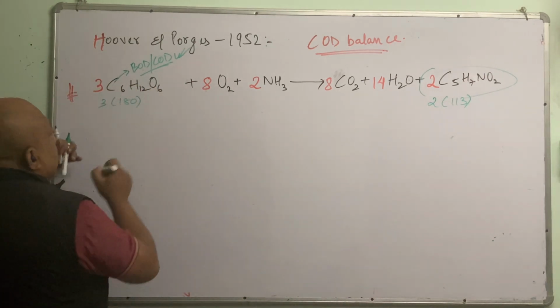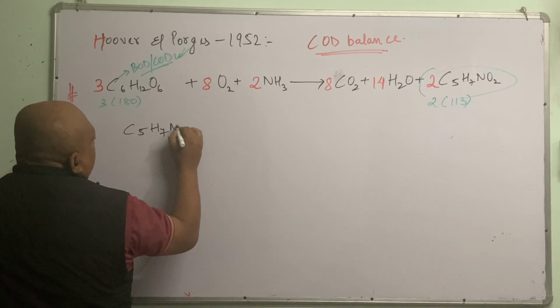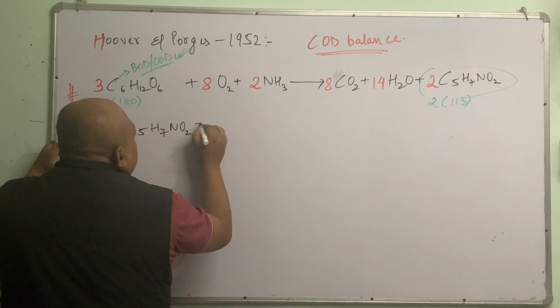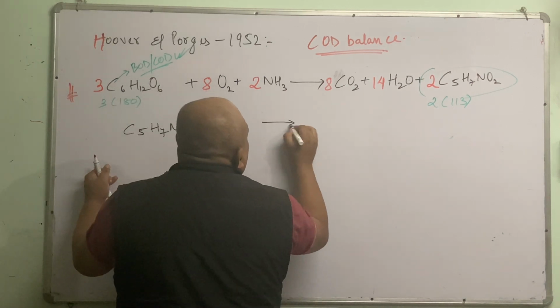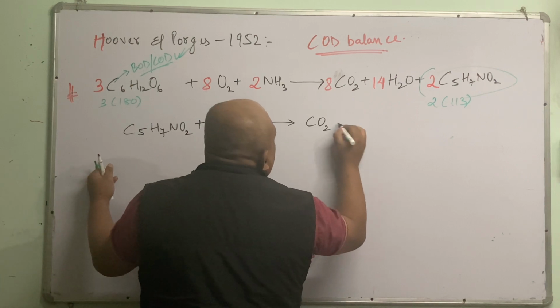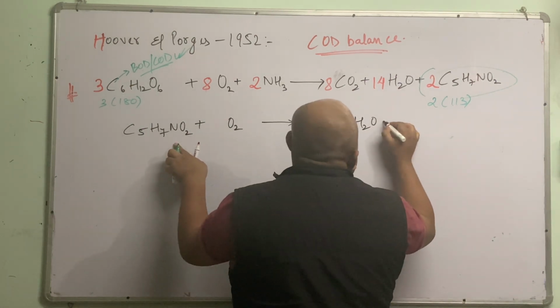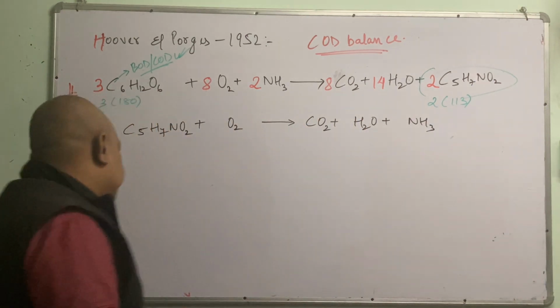Look here again. C5H7NO2. This is the biomass. Let's say if this is going to oxidize, it's going to give definitely CO2 plus water. Since nitrogen is there, some ammonia may be released. Okay.